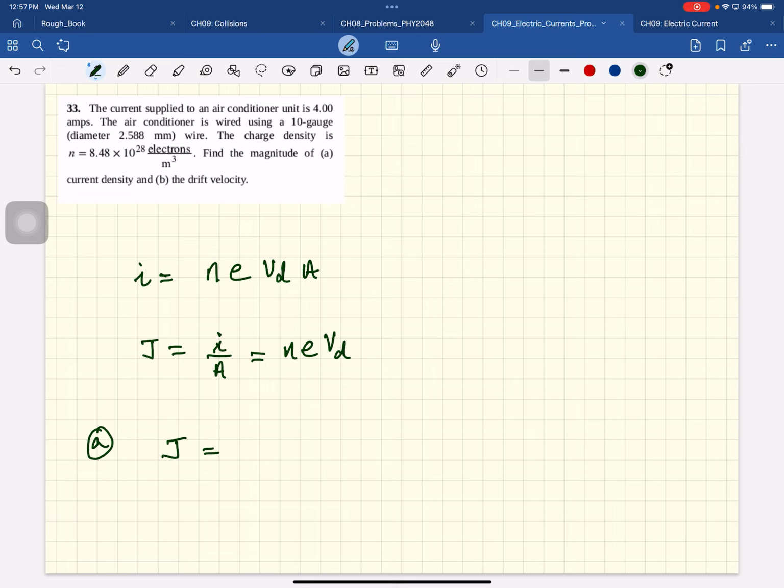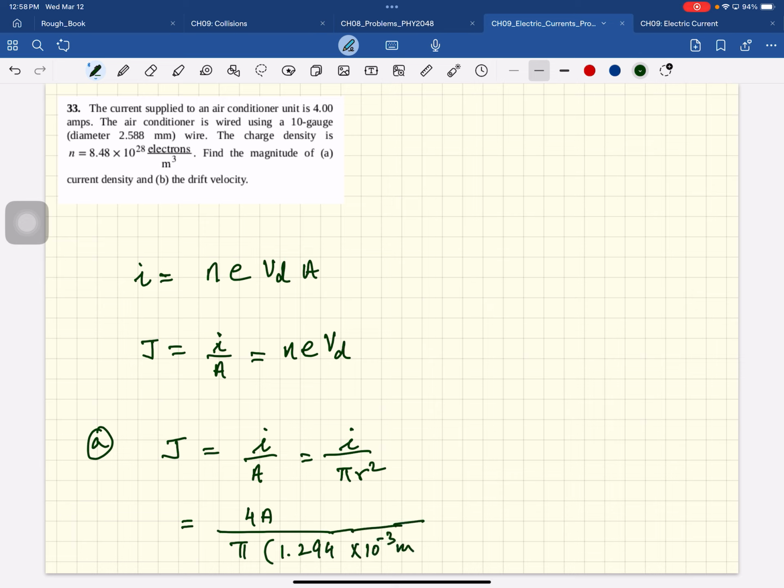Current is, area of cross section of the wire is pi r squared. So current is 4 amps, pi r squared, where r is half the diameter, so 1.294 millimeters.